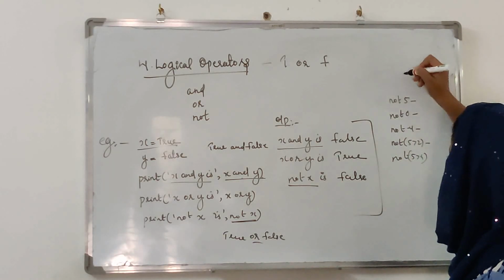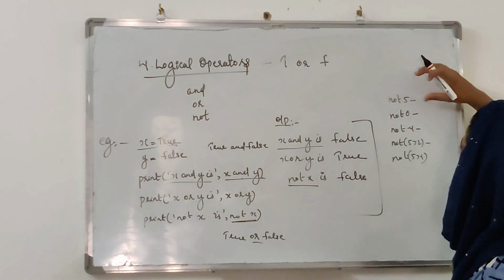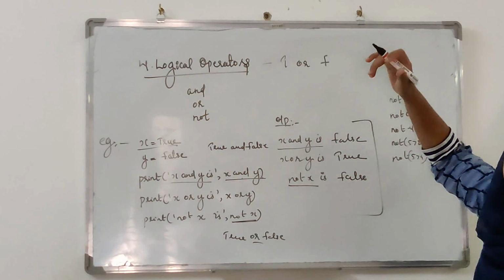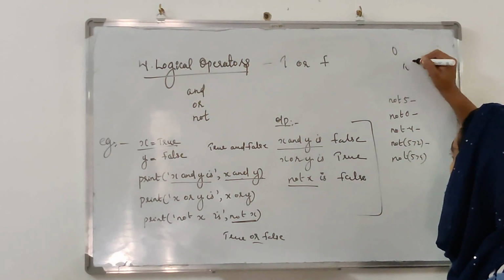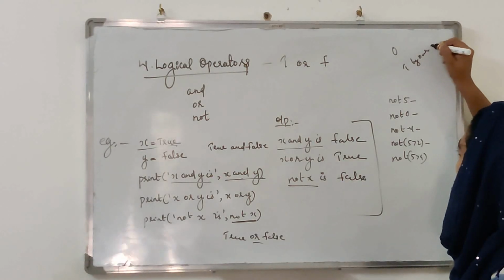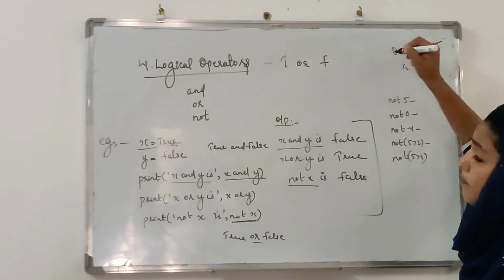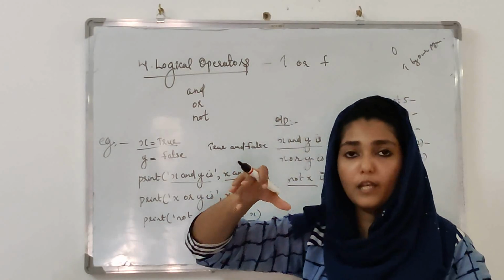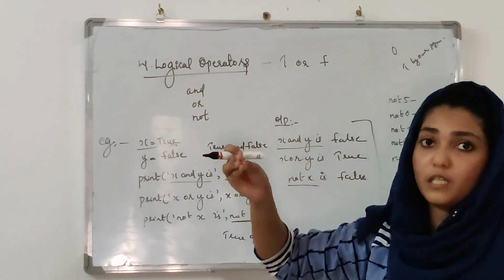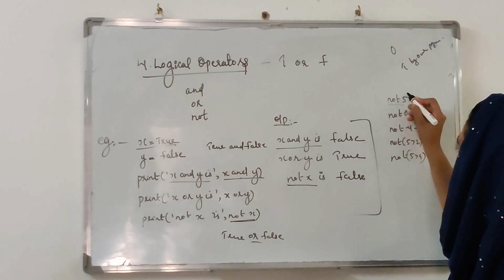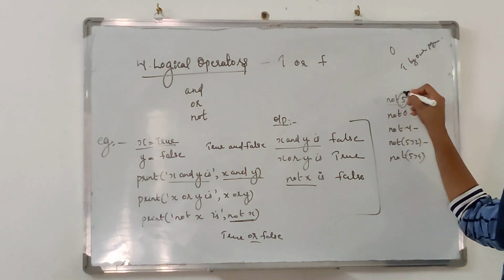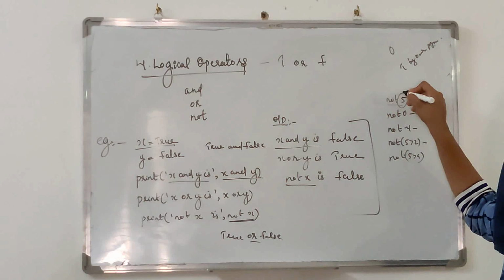Now look at this. Not 5. All the values except 0 will be taken as true by our program. So this point is very important. All the values except 0 is taken as true by our program. So not 5 means 5 will be taken as what? True or false? It will be taken as true.